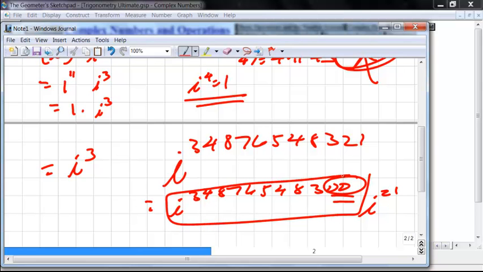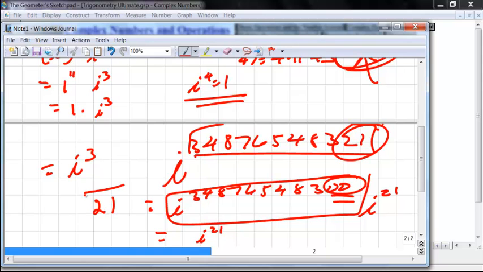So all of that is just 1. When I divide this whole big number by 4, as far as the remainder goes, it's the same as if I just divide the last 2 digits. So all of this is the same as just i to the 21, and i to the 21 is the same as i to the first, which is i.